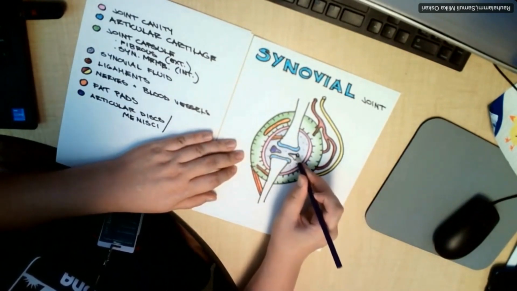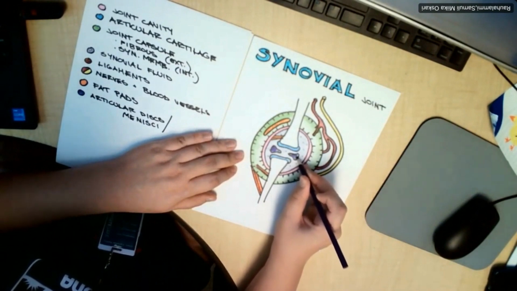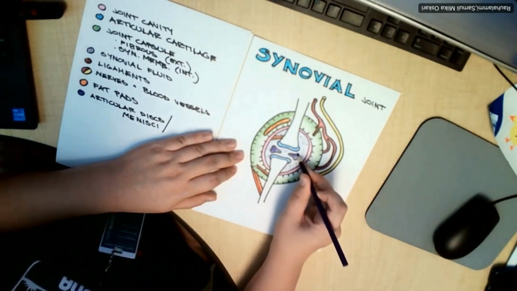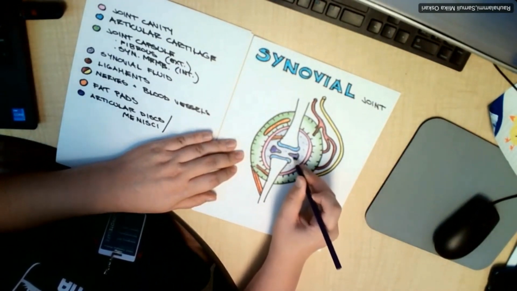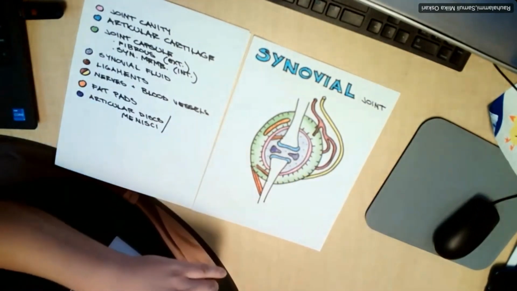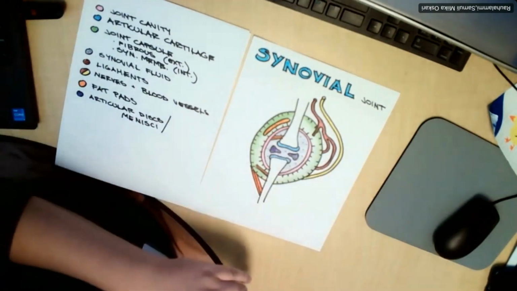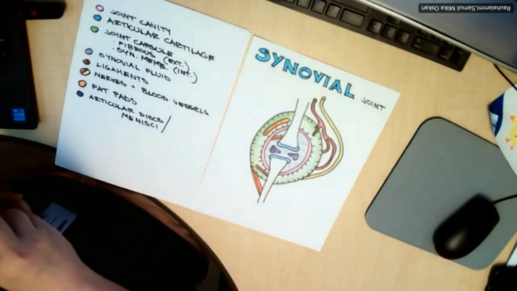So these articular discs, of which we're only seeing a cross section here, sometimes play a role in synovial joints between these structures.